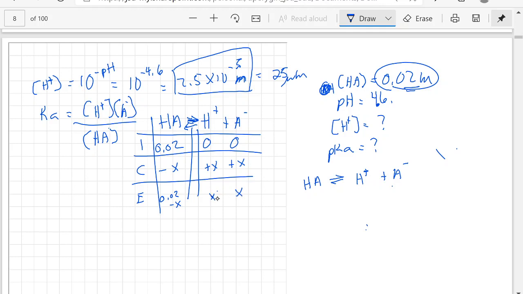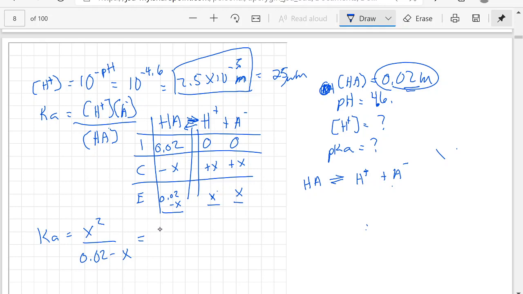Okay, so we can set up our Ka expression. Ka is equal to H plus times A minus over HA. So remember, H plus is X, A minus is X, and HA is going to be 0.02 minus X. So we can say that's X squared over 0.02 minus X. So we can plug some numbers in. The H plus concentration we found to be 2.5 times 10 to the minus fifth.